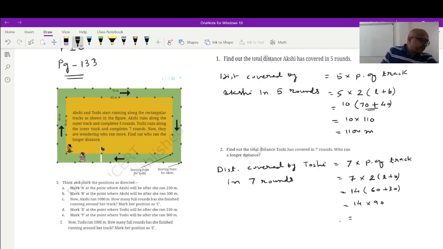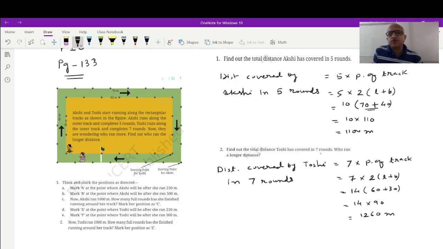So 90 into 14, that is 1260. 14 nines are 126 and we add a zero, and the unit is meter. Is that clear? Or you can first find out the perimeter and then multiply by 7. Same for Akshi, first find out the perimeter and multiply by 5. That will be the same.